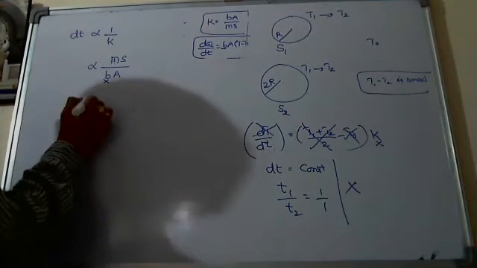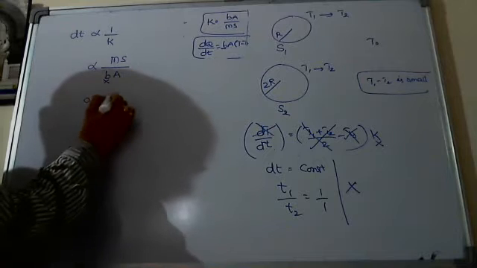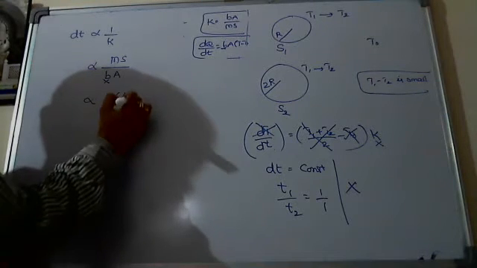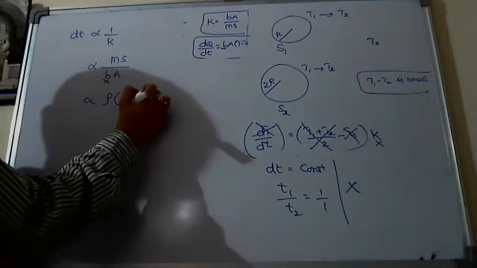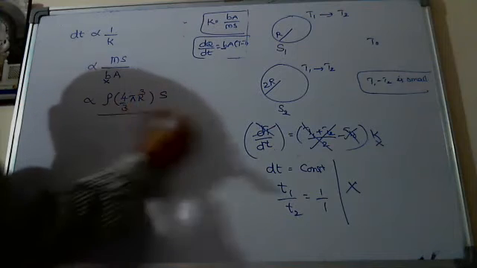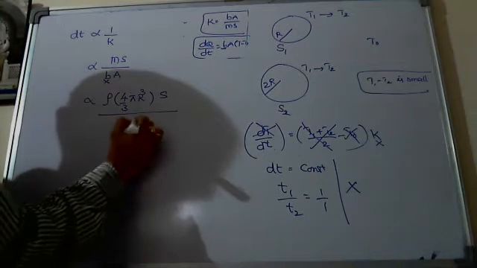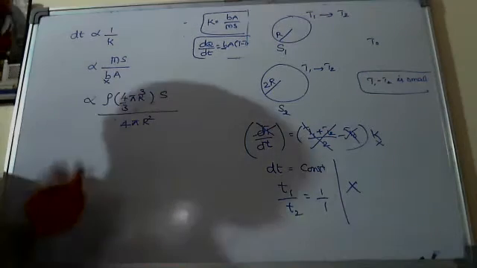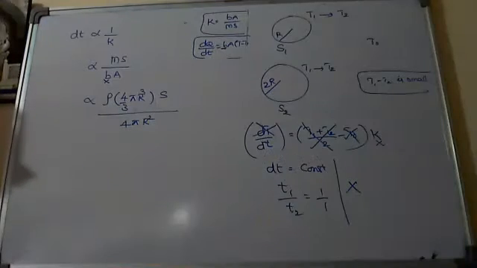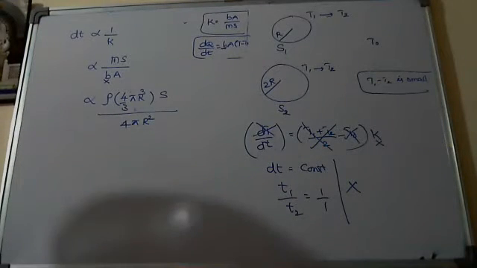So here I have to write directly proportional to mass as density into volume. Volume is 4 by 3 pi r cube per sphere. Specific heat by area, the surface area of two spheres. This is not the area of cross section. Already I told, in Newton's law of cooling, A is the surface area, 4 pi r square.